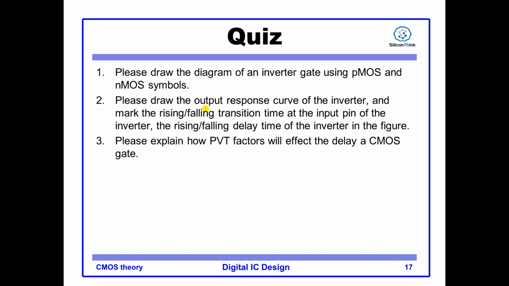And please draw the output response curve of the inverter and mark the rising and falling transition time, the rising and falling delay time in the figure. And last, please explain how PVT factors will affect the delay of a CMOS gate. I think this question is a lot harder.